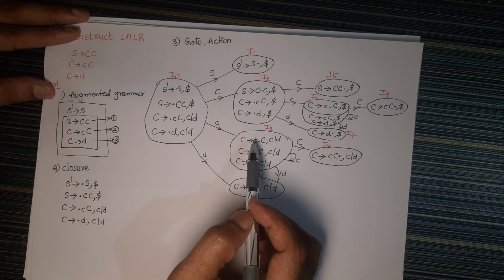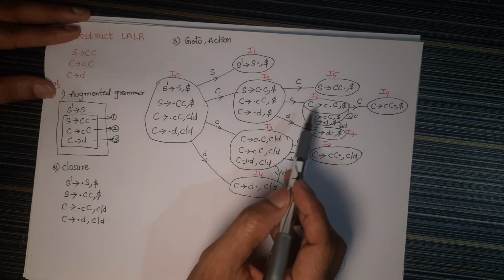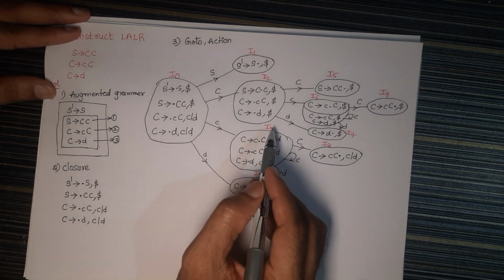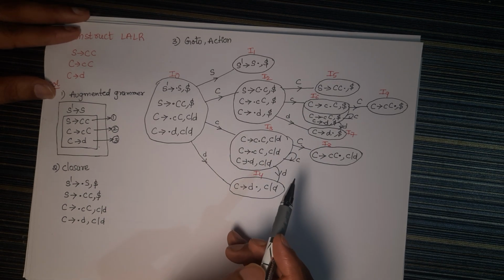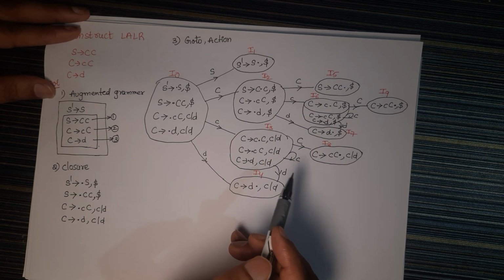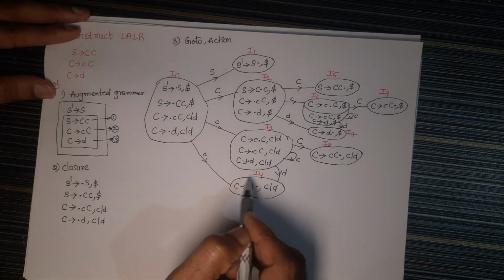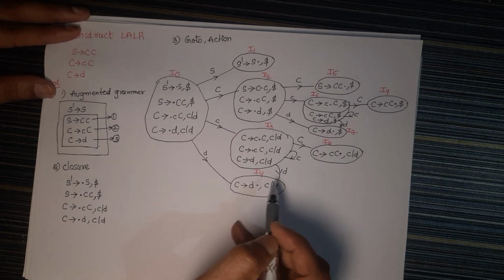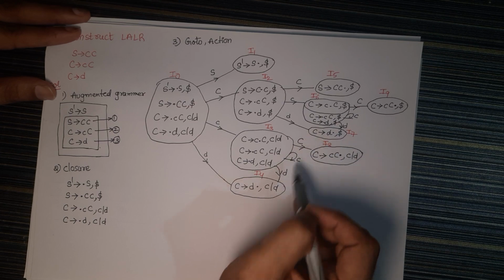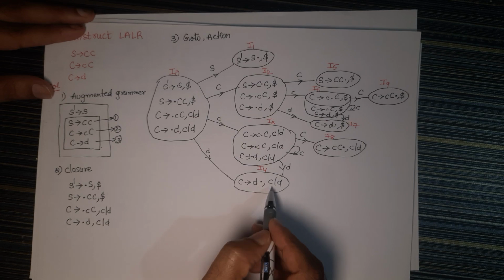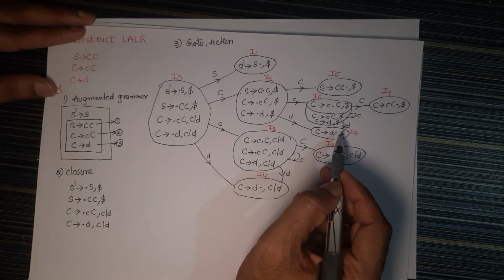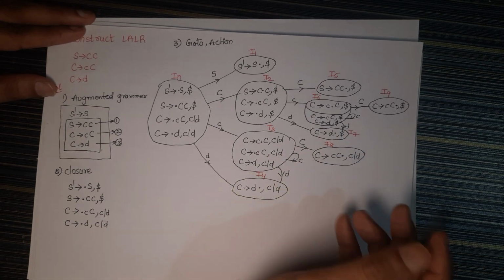Only the look ahead symbols are different. Then we are going to merge I3 and I6. Similarly, we can merge 4 and 7 also. Here C tends to D dot as well as C tends to D dot, but the look ahead symbol is C by D in one and dollar in the other.